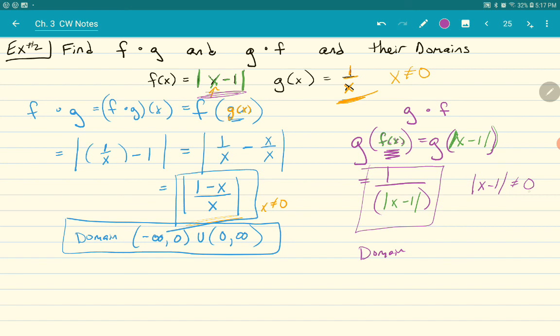So for that to be 0, x would have to be equal to 1. So x cannot equal 1. So my domain is negative infinity all the way up to 1, not including 1, and then everything after 1. So everything but 1.